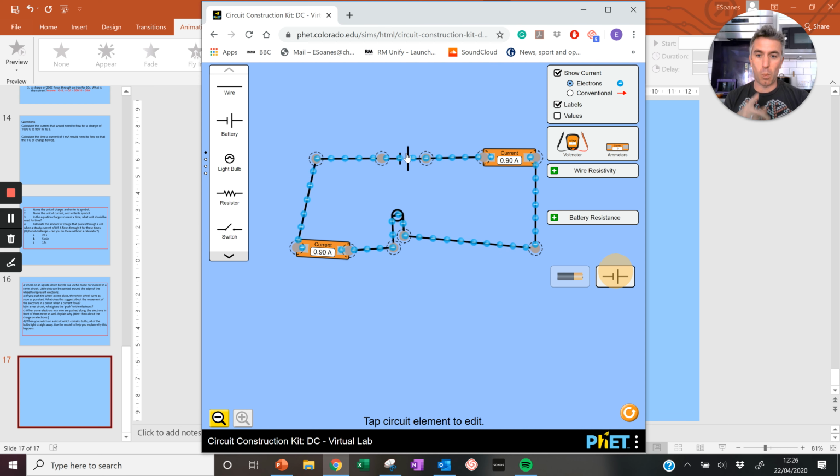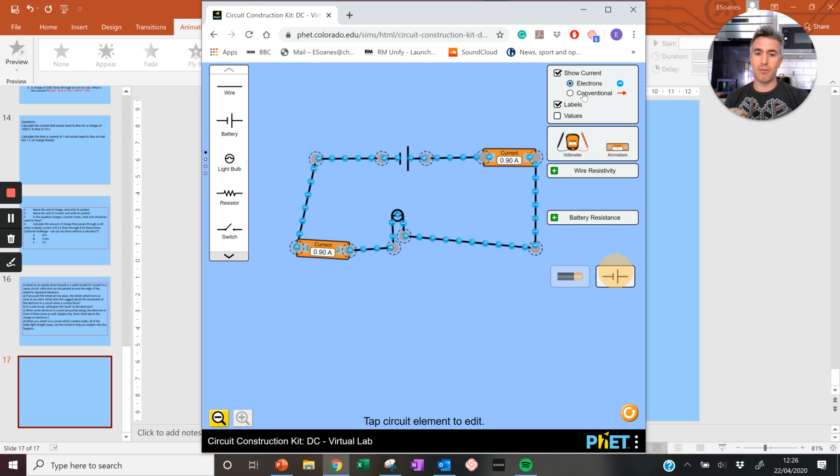And we know that electrons are negative. So when you're having electrons travel around the circuit, they come out the negative end, and they travel around the circuit, and they're attracted to the positive end.